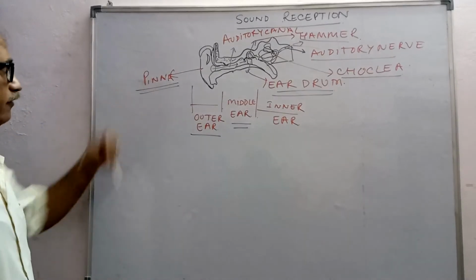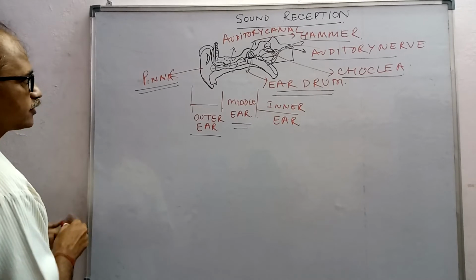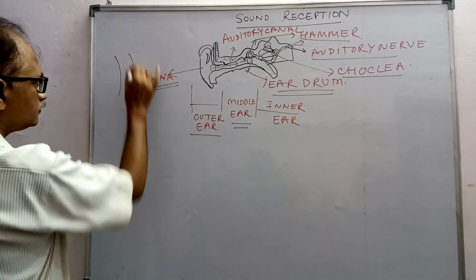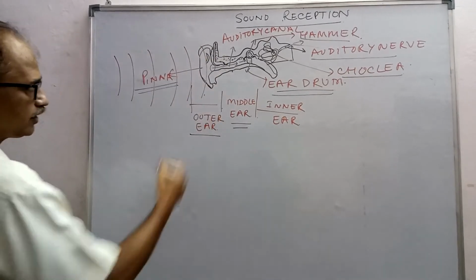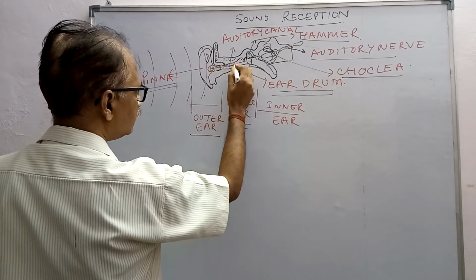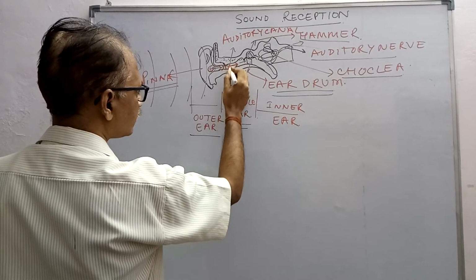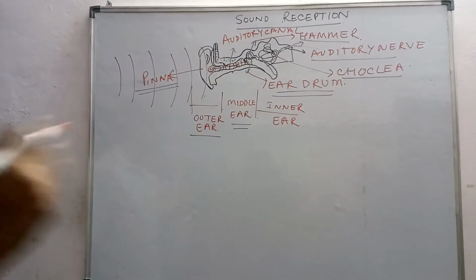Whenever sound is produced, it is in the form of waves. When these waves reach the external ear, the pinna, it collects them and sends them inside. The waves strike the eardrum, and the eardrum starts vibrating.